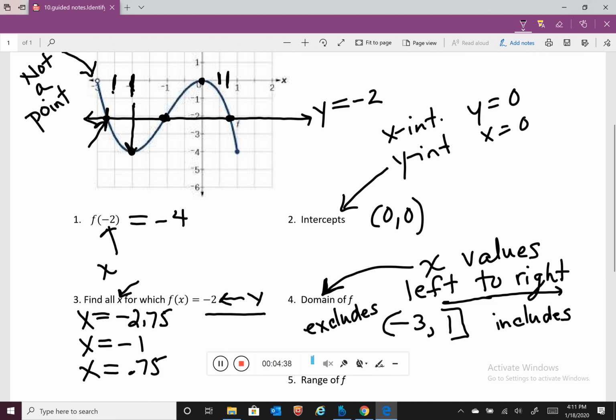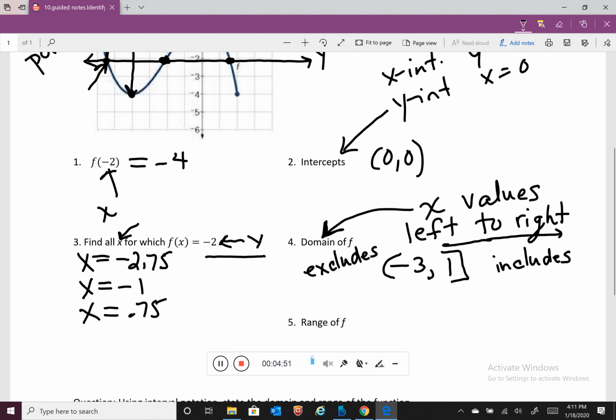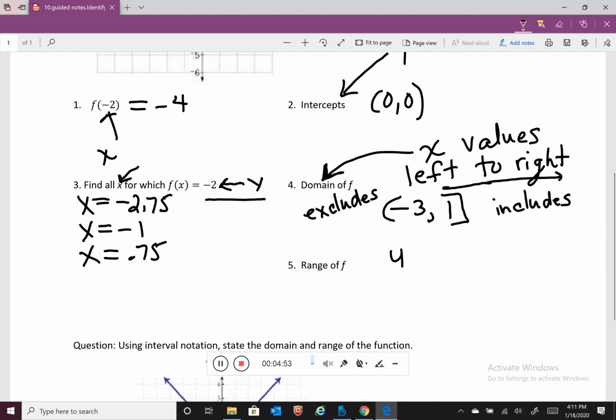So if domain is our x values, and we want to go from lowest to highest, or least to greatest, we're going to move from left to right. So that means for range, that is our y values. So range is our y values.